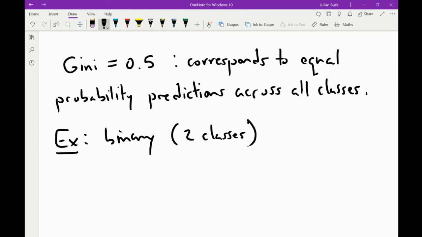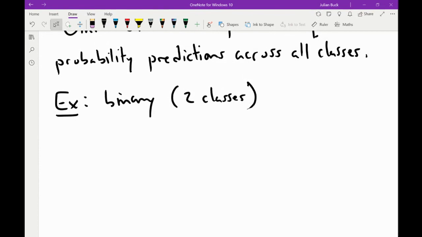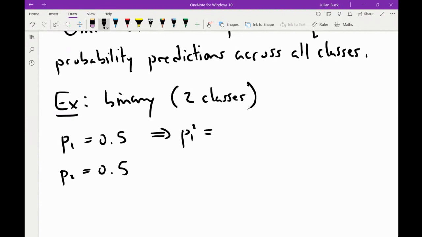Okay. So what we're saying here is we have a binary situation and we don't have any better probabilities than 50-50. So P1 is 0.5 and P2 is 0.5. Okay. So then P1 squared is 0.25 and similarly P2 squared is 0.25.